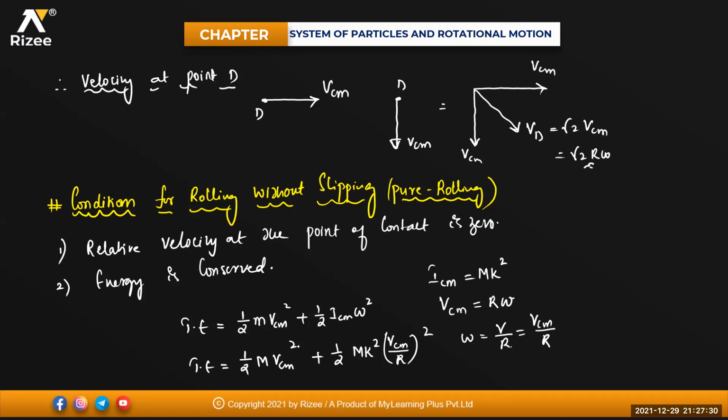Okay, so what I can do, half m and half m will be common, even if I take the k square. So what will be the relation, beta, for that one? Half into m into VCM square plus half into m into k square into VCM square divided by r square.